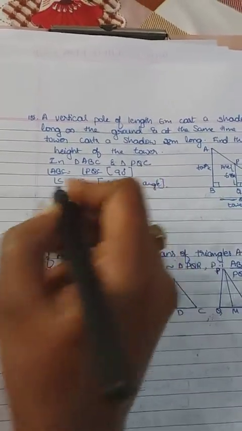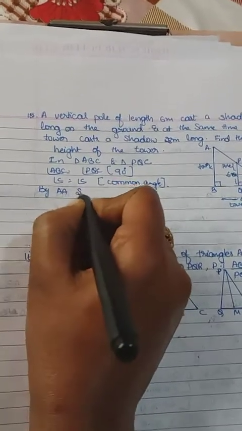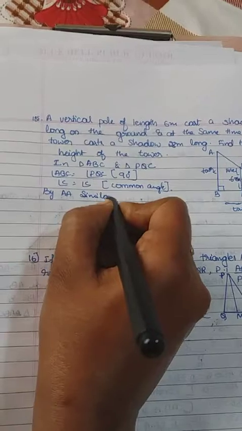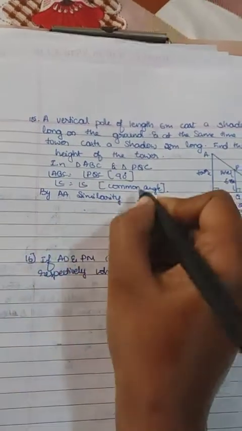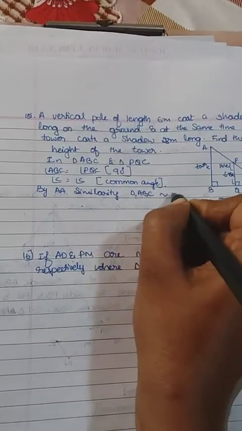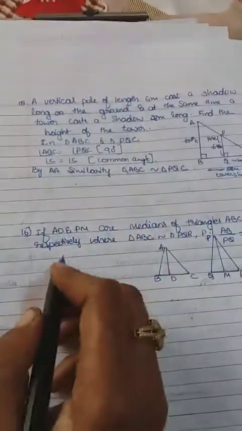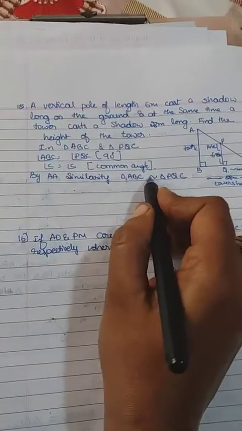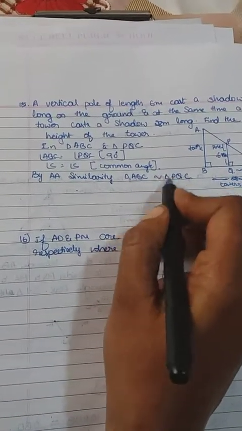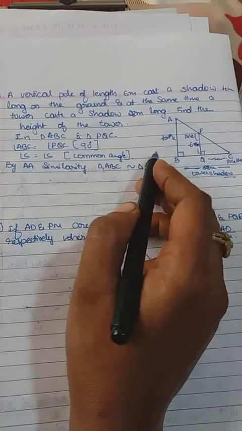So again, two angles are equal by AA similarity criteria. So we can write, by AA similarity criteria, triangle ABC is similar to triangle PQC. If both the triangles are similar, then their sides are also proportional.